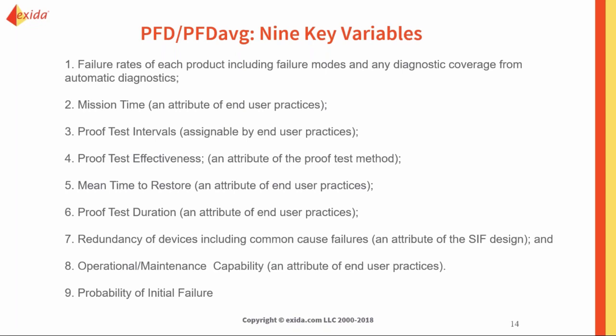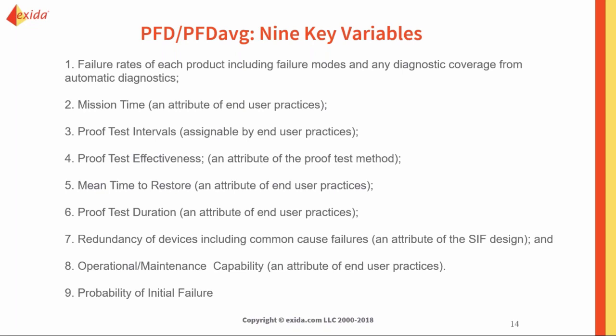And things like end of life, mission time, proof test interval, and proof test effectiveness can also be suggested by the manufacturer, but what the end user is actually doing and participating in is what actually goes into this calculation.